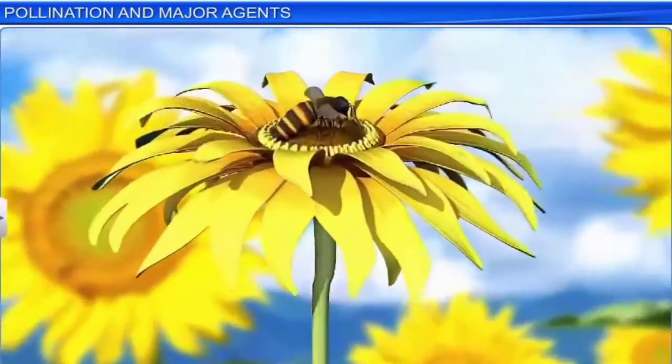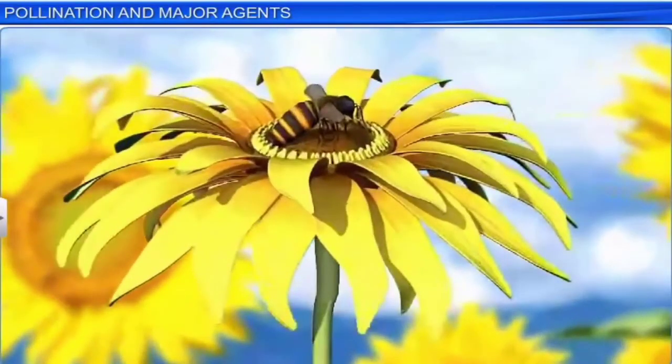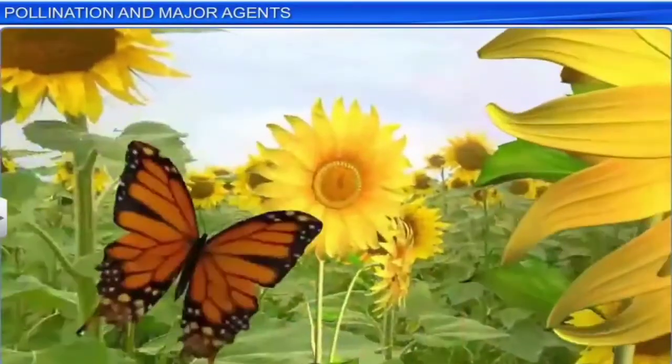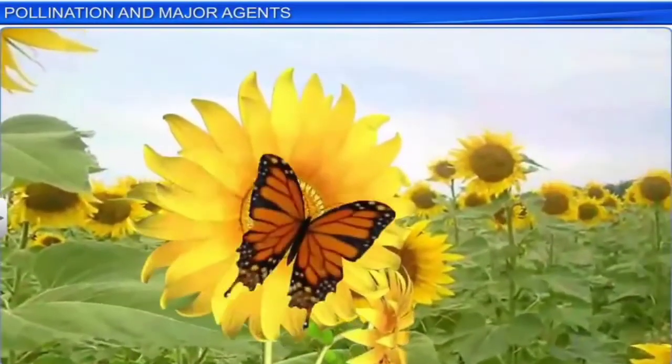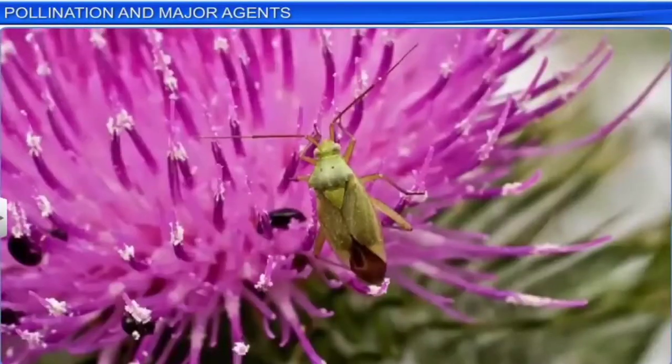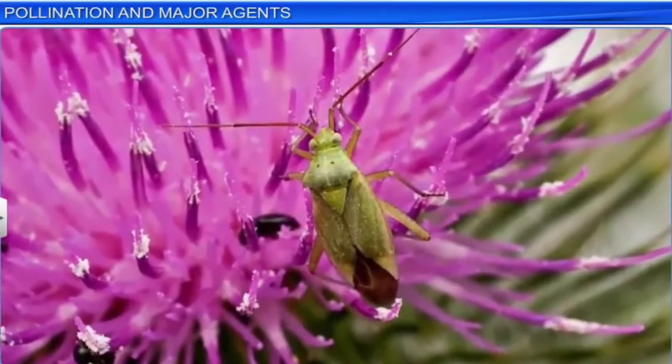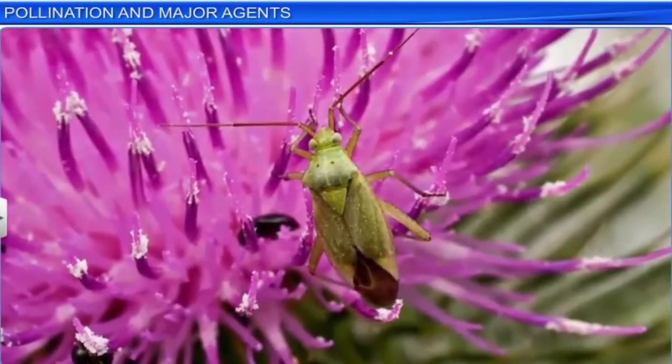Incidentally, pollination in a majority of plants is aided by biotic pollinating agents, which get attracted by flowers which vary from each other to attract their specific pollinator.